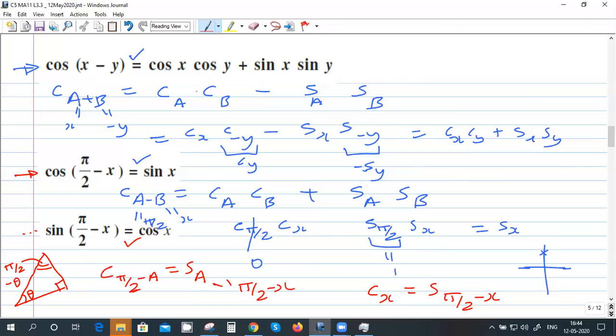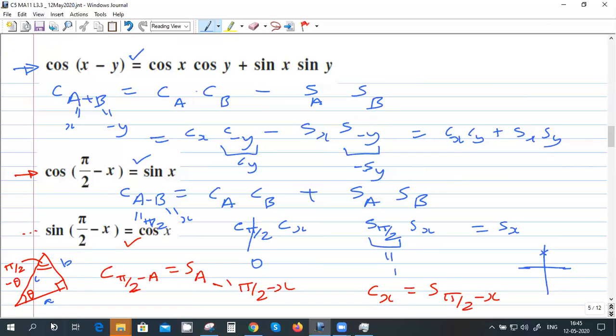So the other two angles should sum to 90 degrees. So they'll be complementary. And suppose the sides are A, B, and C.